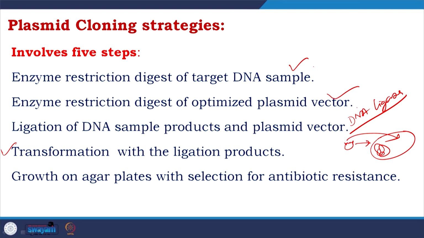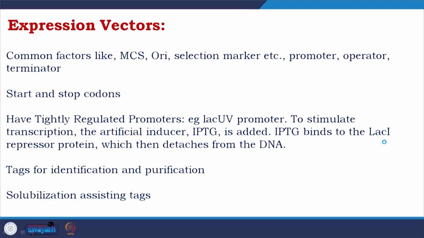So, this is what I talked about, the growth on agar plate with the selection for antibiotic resistance, which will help ensure that the vector is there as well as the gene is there. So, we generally use two markers, one marker to ensure the presence of the vector and the second marker to ensure the presence of the gene.